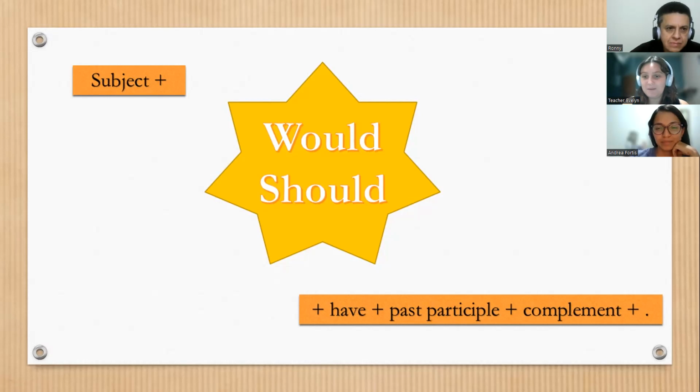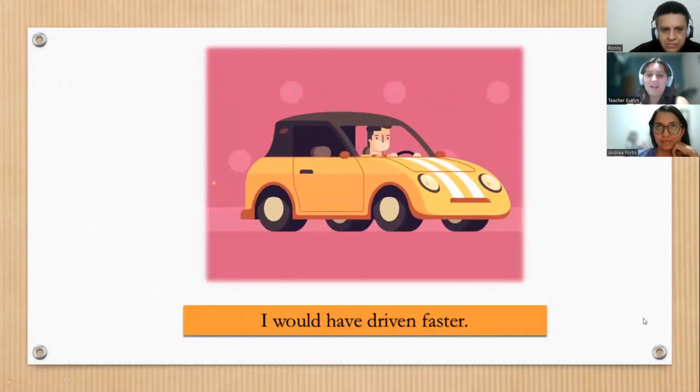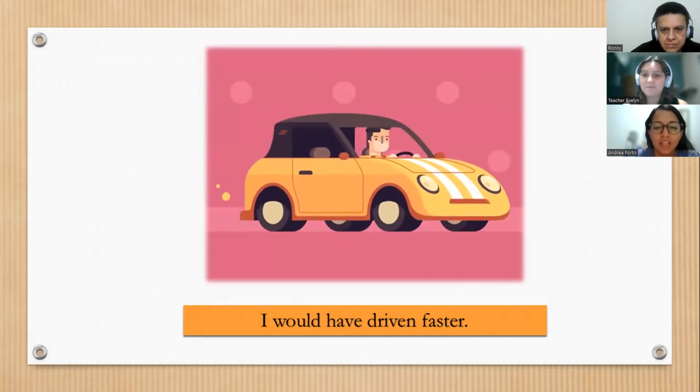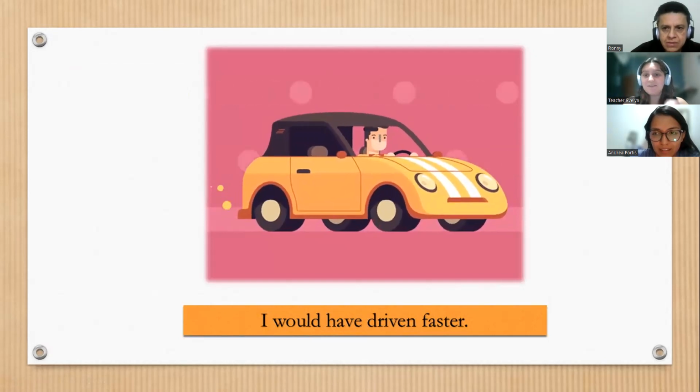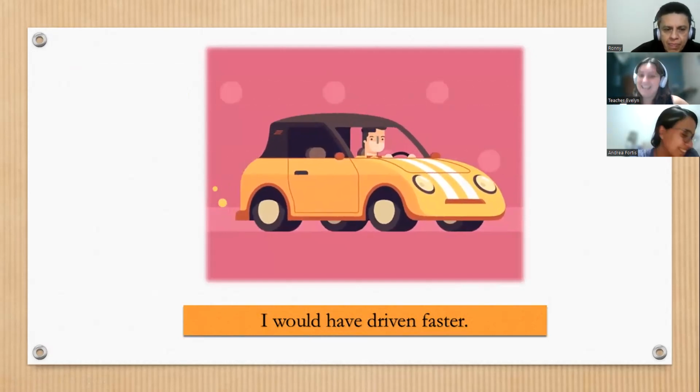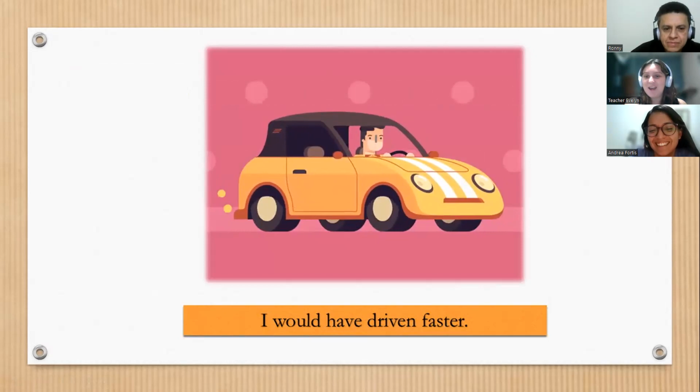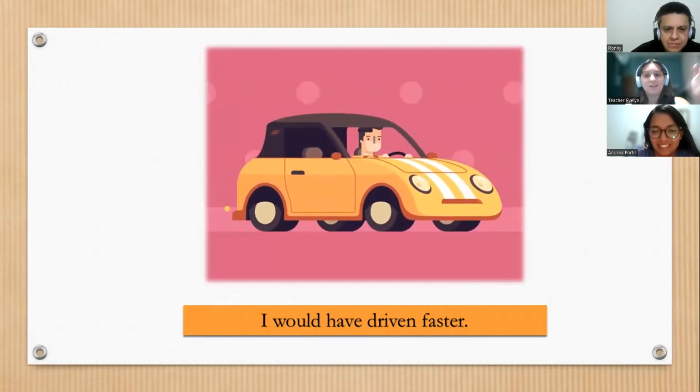Now let's see some examples. Andrea, can you help me with this example, please? I would have driven faster. Okay. I would have driven faster. We say drive, drove, driven. Perfect. So we have the subject. What is the subject?